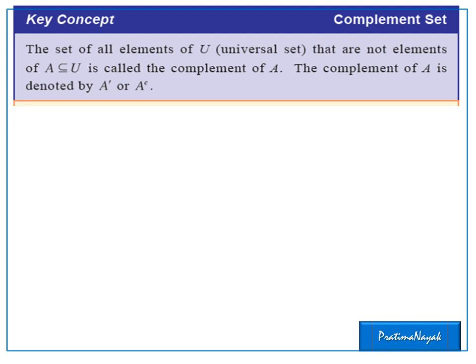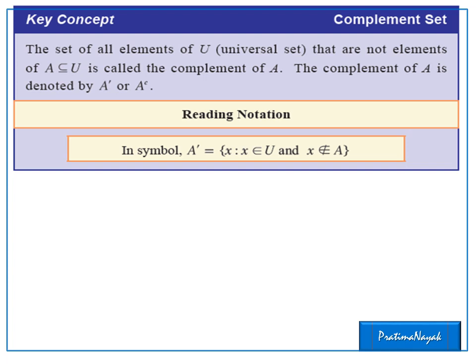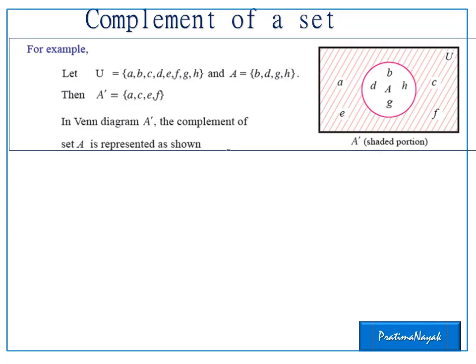The complement of set A is denoted by A dash or A raised to the power C. So this is the set builder form of A complement. It is the set of all x such that x belongs to universal set and x does not belong to set A.